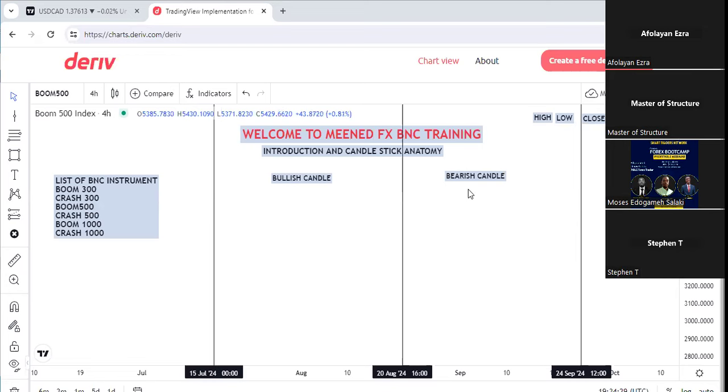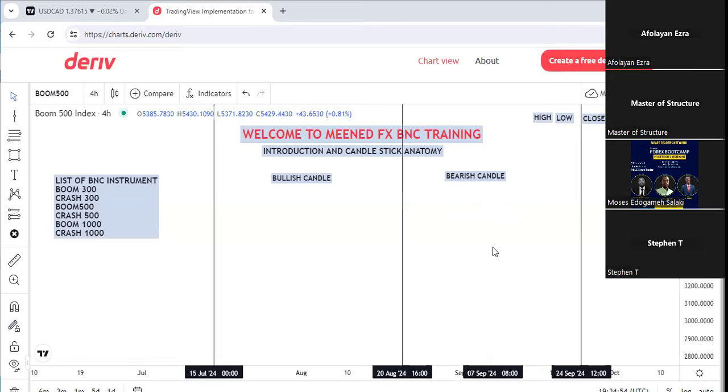But then I think they saw that people are using it to grow accounts, so they now moved the lot size to one lot.